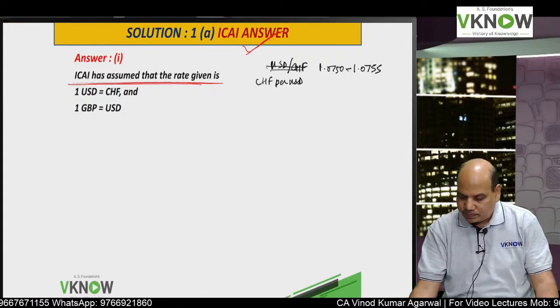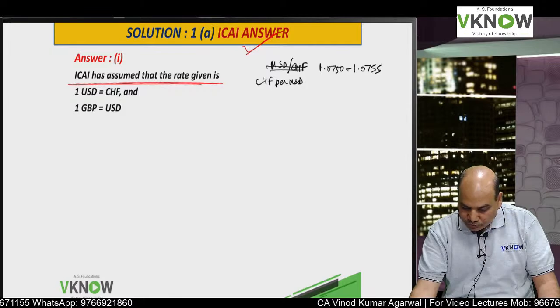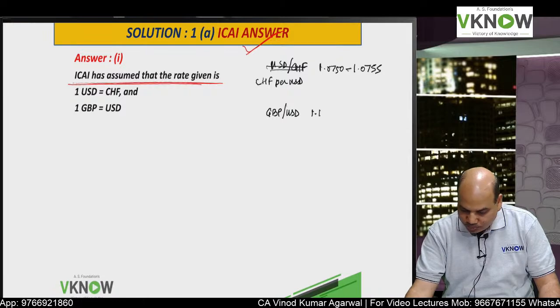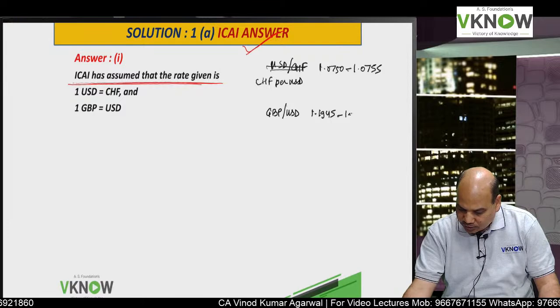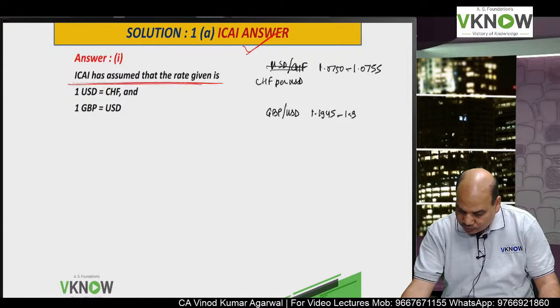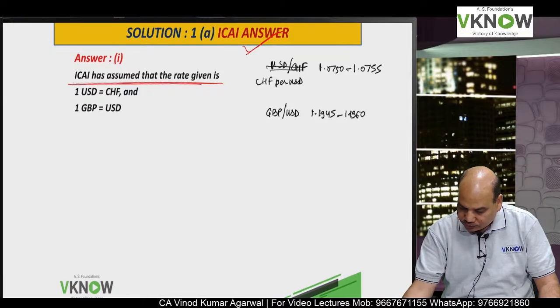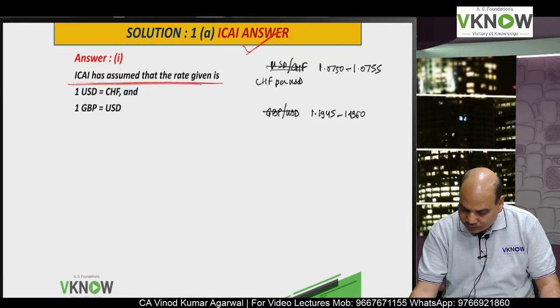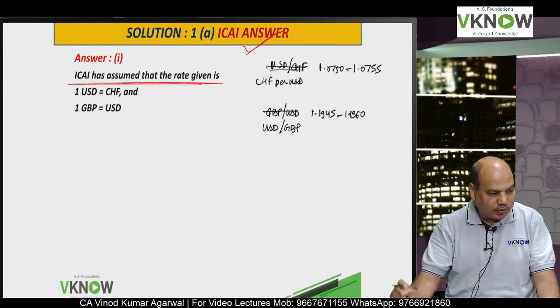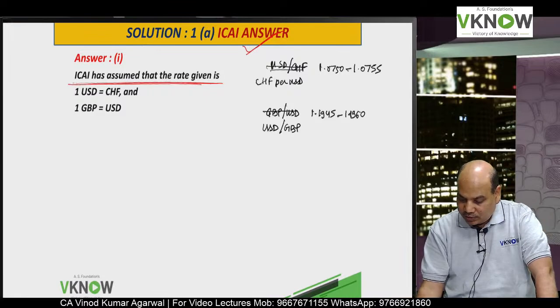You make it CHF per USD, and below it is given GBP per USD 1.1945. I am only writing for bank A. You can do the same thing for bank Y also, 1.1960. So you cut this and write it USD, in both the bank X column and bank Y.